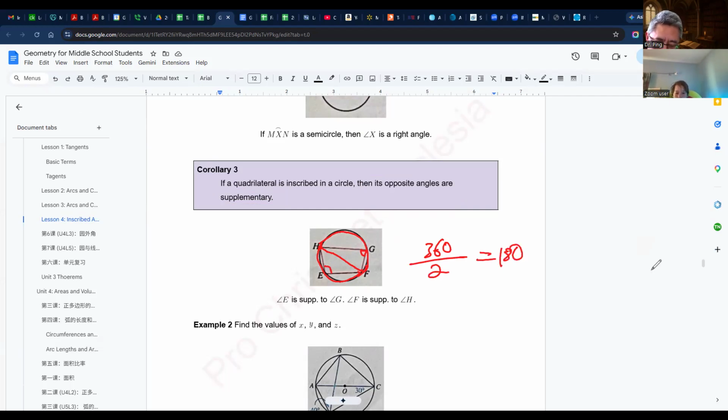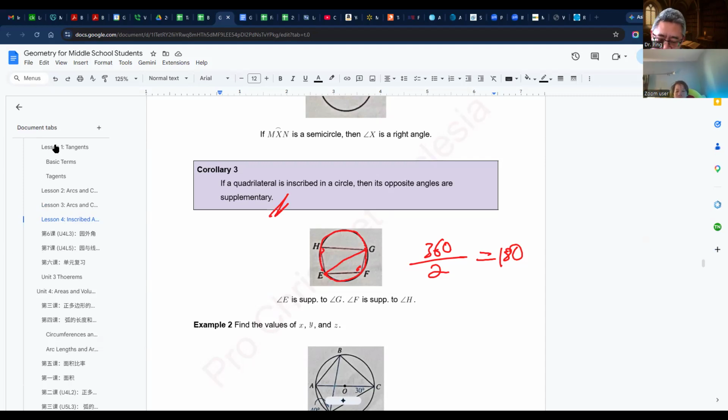So that's between E and G. We can do the same thing with H and F by connecting these two. Then we know H is half of this arc and F is half of this arc. These two arcs make a circle. Again, it's 360, half of that is 180. So this can be easily proved by our theorem. Okay.